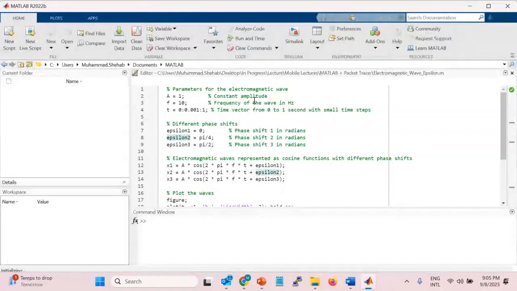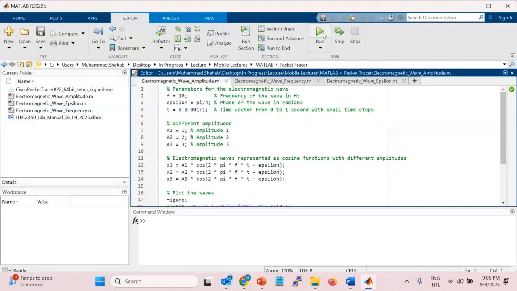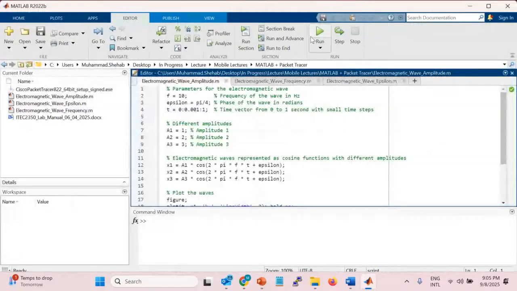Okay, let us start. This is a MATLAB file. We simulate the electromagnetic signal with different amplitude. I will run the program.